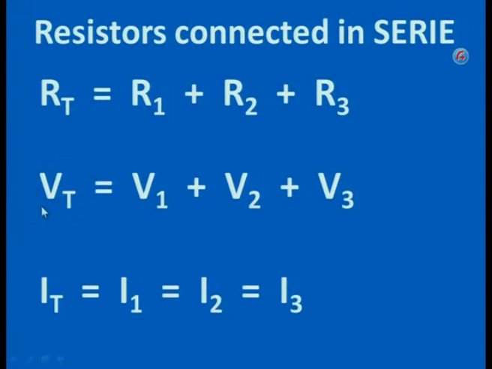The total voltage or potential of the circuit would be the reading on voltmeter 1 plus voltmeter 2 plus voltmeter 3. And the current through the circuit is equal to the current through resistor 1, the current through resistor 2, and the current through resistor 3.